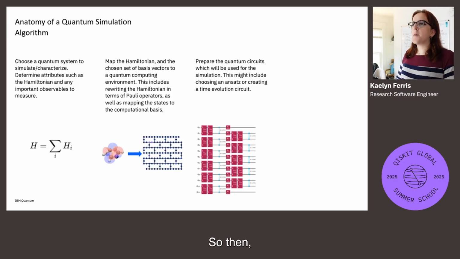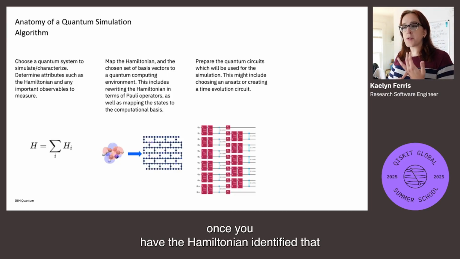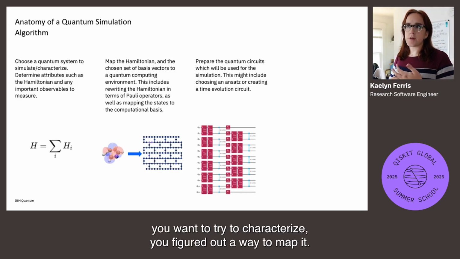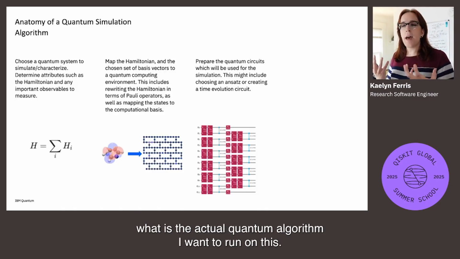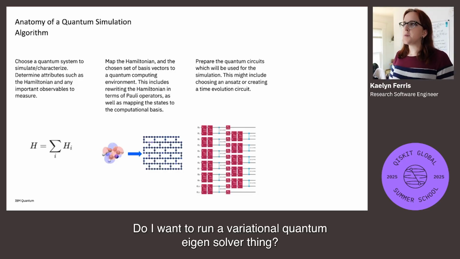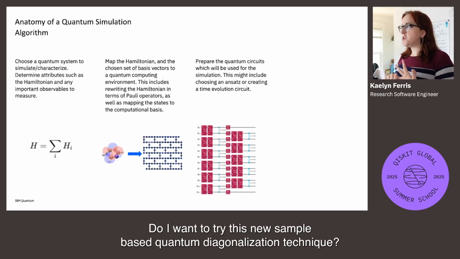So then once you have the Hamiltonian identified that you want to try to characterize, you figure out a way to map it. Then your next step is to figure out, okay, what is the actual quantum algorithm I want to run on this? Do I want to run a variational quantum eigensolver? Do I want to try this new sample-based quantum diagonalization technique?